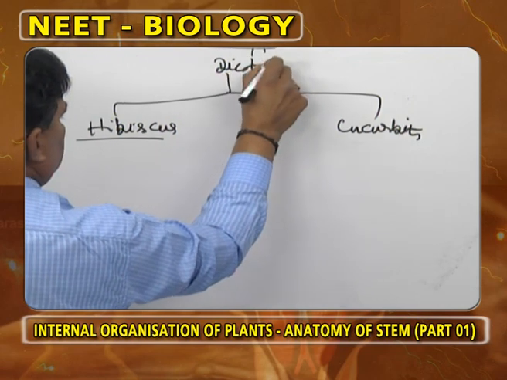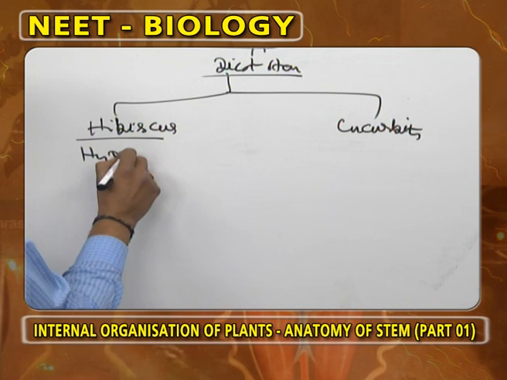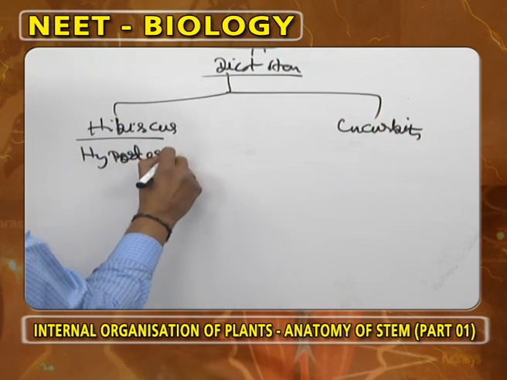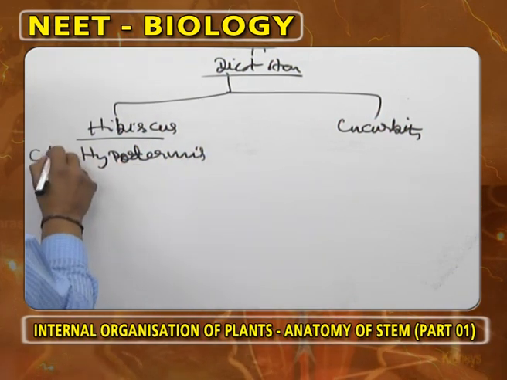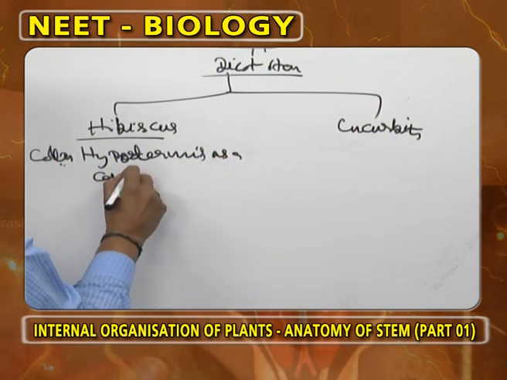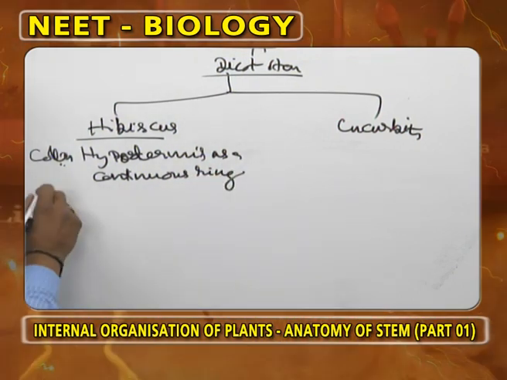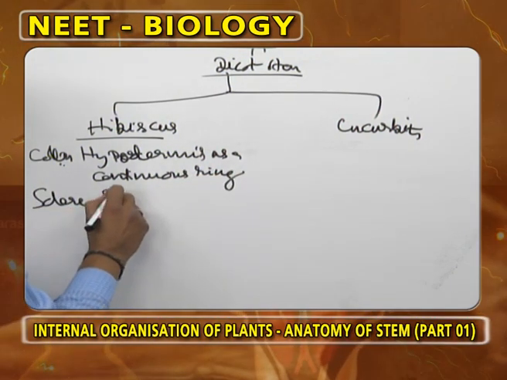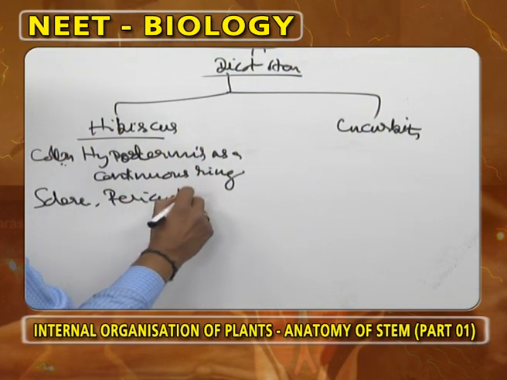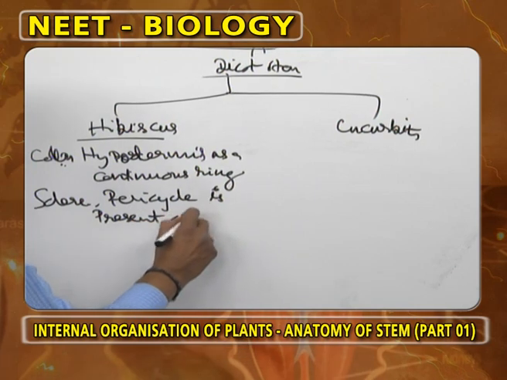In hibiscus, the hypodermis is collenchymatous and present as a continuous ring. The sclerenchymatous pericycle is present as patches.